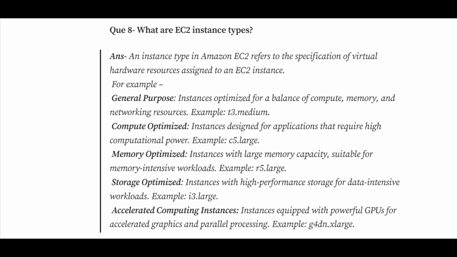Then we have memory optimized instances with large memory capacity suitable for memory intensive workload. Example, your R5.large. We have storage optimized instances with high performance storage for data intensive workload. For example, your I3.large.